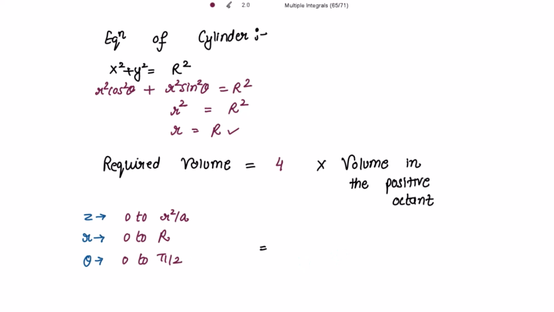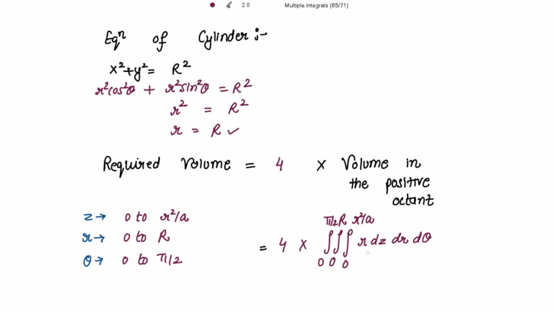So let's calculate the required volume now, which is 4 times the volume in the positive octant, that is the integral of r dz dr d theta. So limits for z are 0 to r² over a, for r it is 0 to capital R, and theta is 0 to pi by 2.